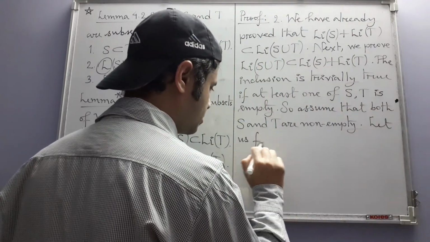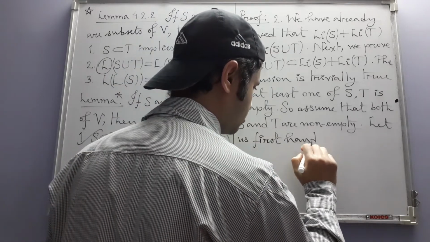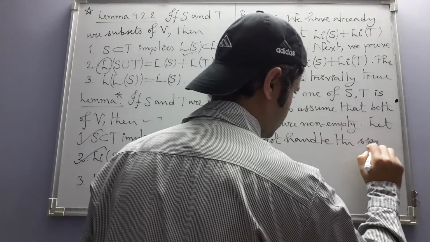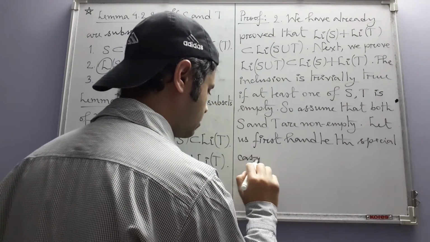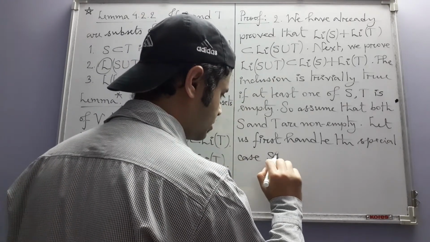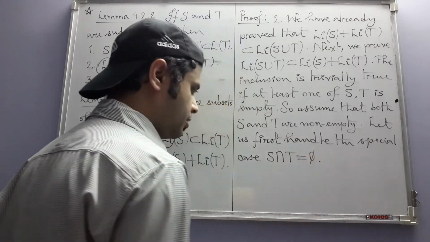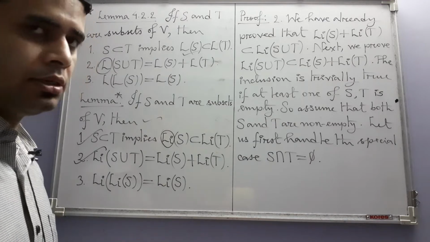Let us first handle the special case where S and T are actually disjoint. There is no common vector. They are disjoint. They have empty intersection.